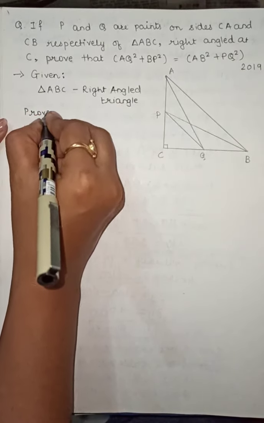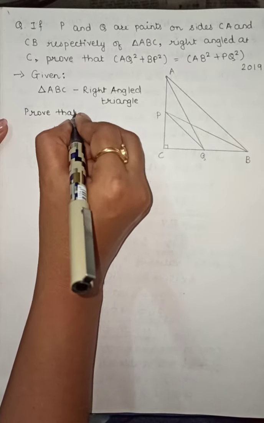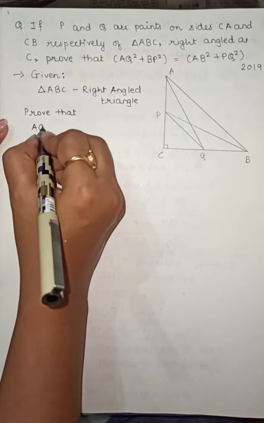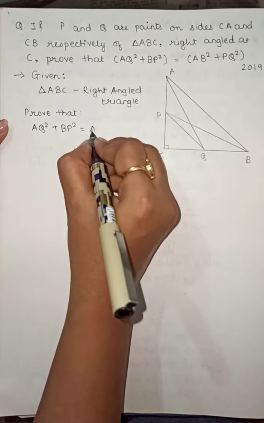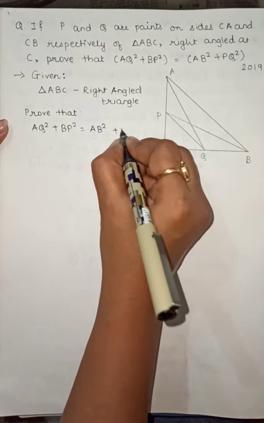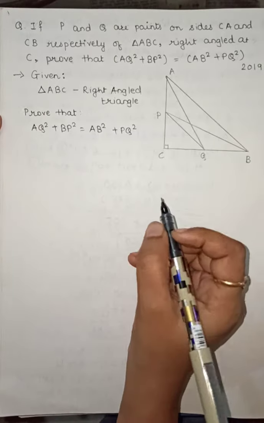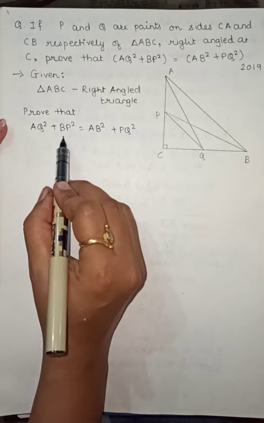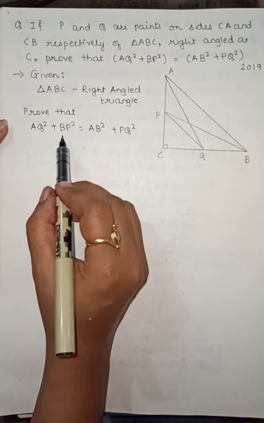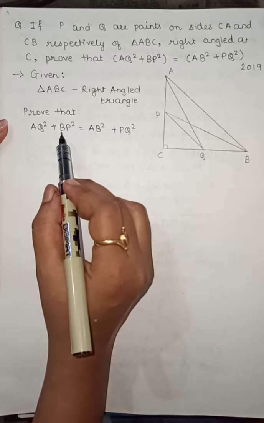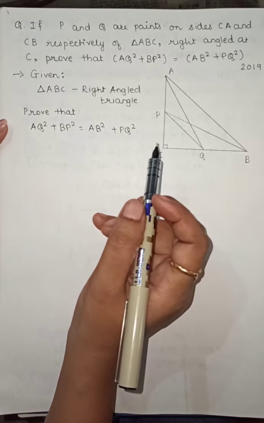And then the prove, that whatever is to be proved, AQ square plus BP square is equal to AB square plus PQ square. Now, as you can see in the proof that there are four sides whose squares are to be taken. Now, how to obtain this equation, that is the next part of the question.